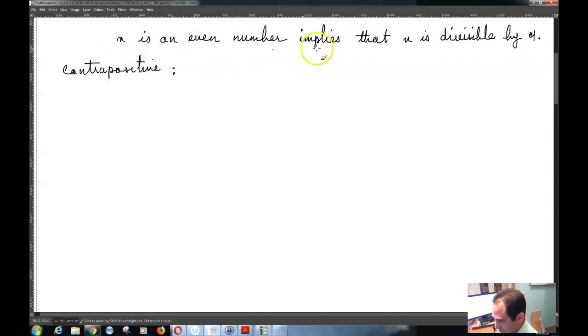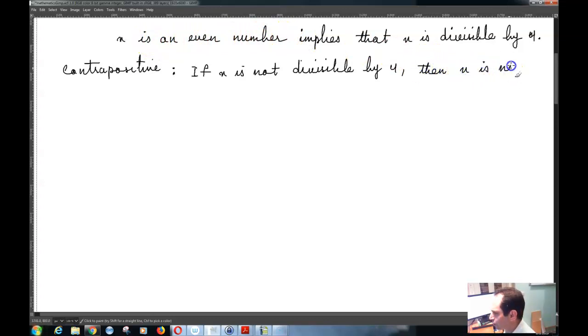would be if not q. So if x is not divisible by 4, then x is not an even number.